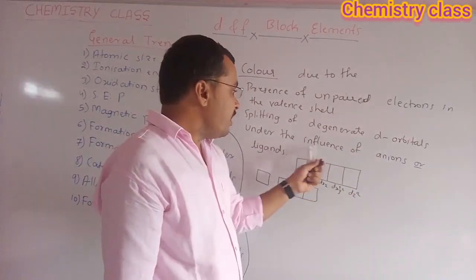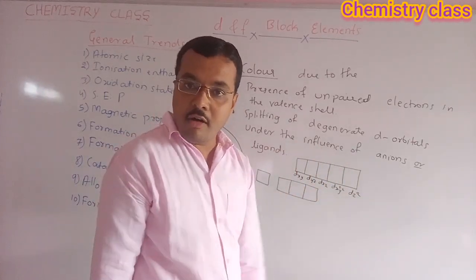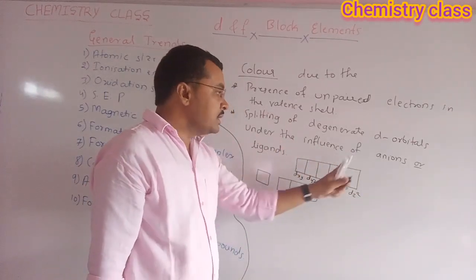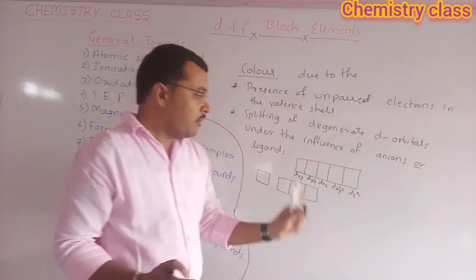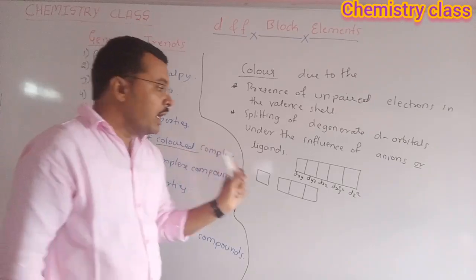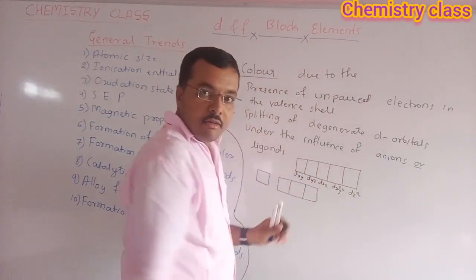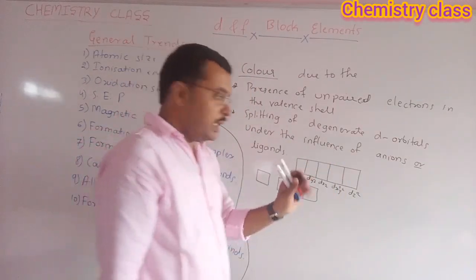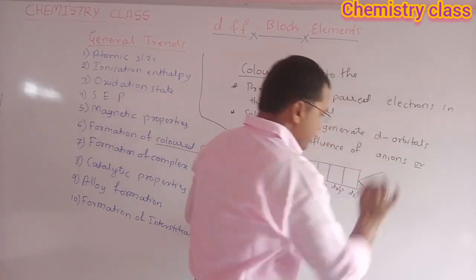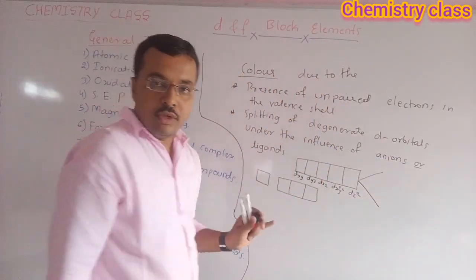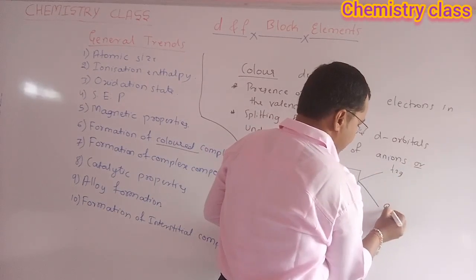Under the influence of anion or ligand, that is, during the formation of complex, the anions or ligands will approach towards the metallic ion. At that time, these degenerate, equal energy atomic orbitals undergo splitting into two different types of atomic orbital, T2g and Eg.